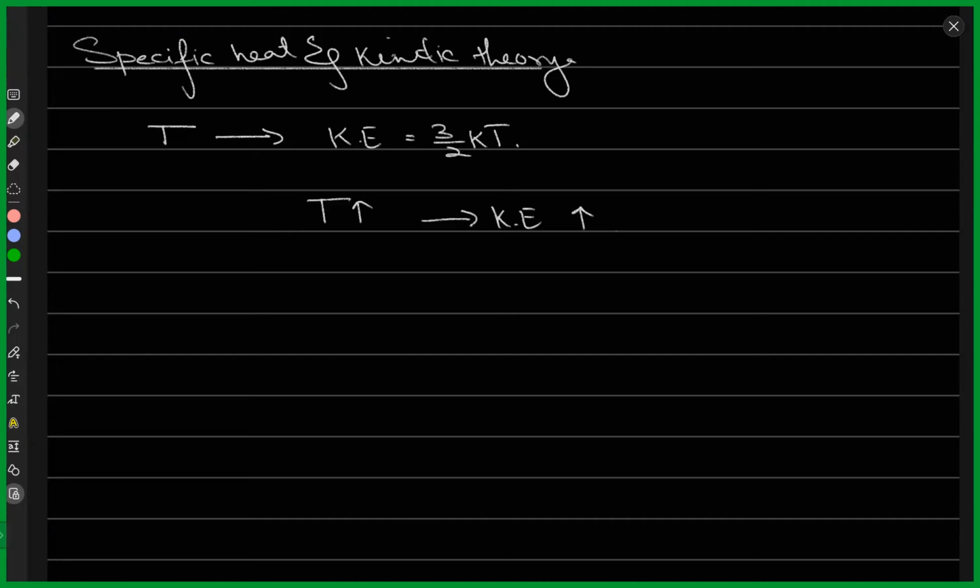So if you understand the concept of specific heat capacity and how it is related to temperature, it's very simple: it is the energy required to raise the temperature by 1 unit, right? Whether it's Kelvin or degree Celsius. Then connecting specific heat capacity to kinetic theory is just to connect the temperature of a system to the kinetic energy of the system, right? So is that clear?